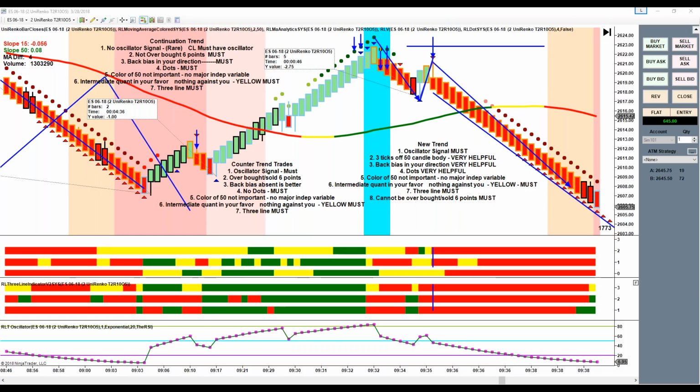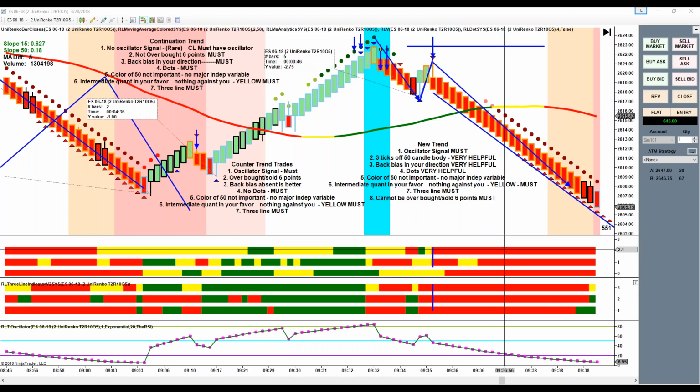We're taking a long or a short trade on the ES Renko. What color would we like to see the quant lines? On every single trade on the E-mini, you want the intermediate quant, and you can't have the major or the minor against you.